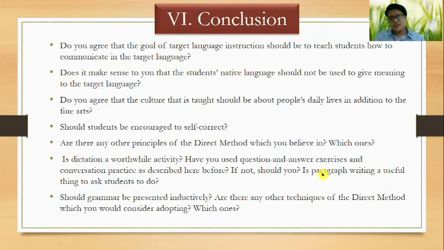So the first question is, do you agree that the goal of target language instruction should be to teach students how to communicate in the target language? Because all of those techniques are about how to let the student communicate.